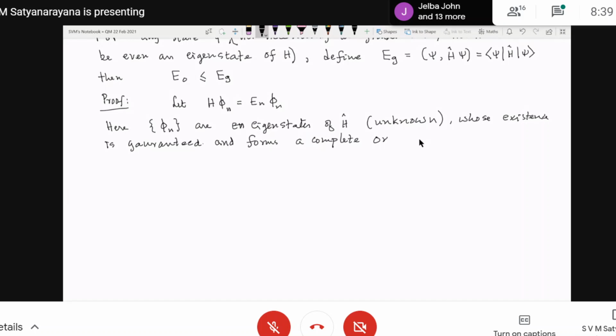So, whose existence is guaranteed and forms a complete orthonormal basis of state space.